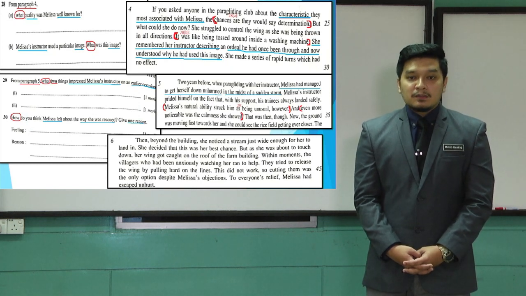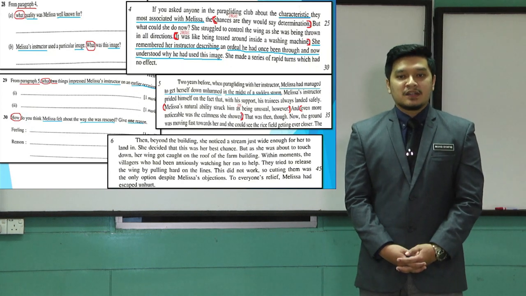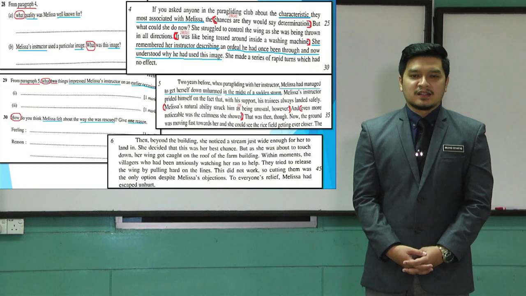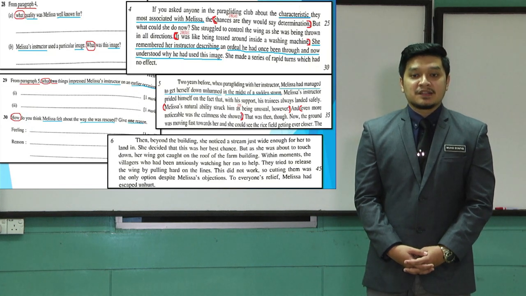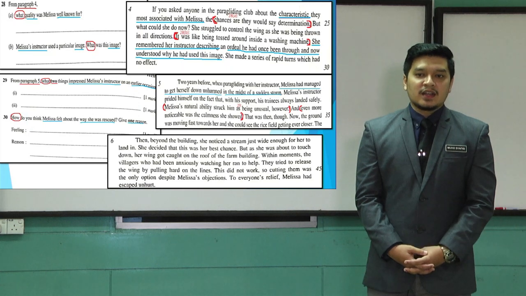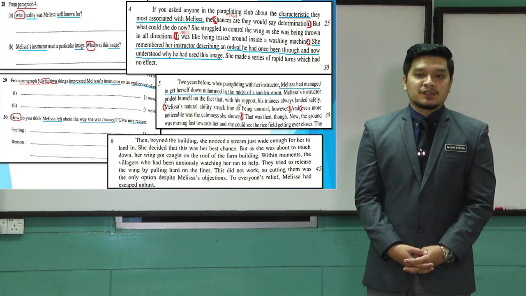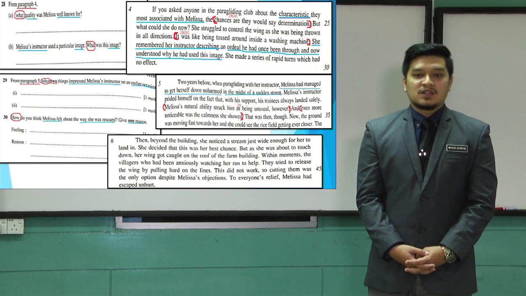And even more noticeable was the calmness she showed. So there is one more thing in this sentence, and that is the calmness she showed. So remember, when writing your answer, you cannot copy everything from the text. You just need to take the answer, the point. So just write the calmness she showed. Or you can even say the calmness she has, or just the calmness.